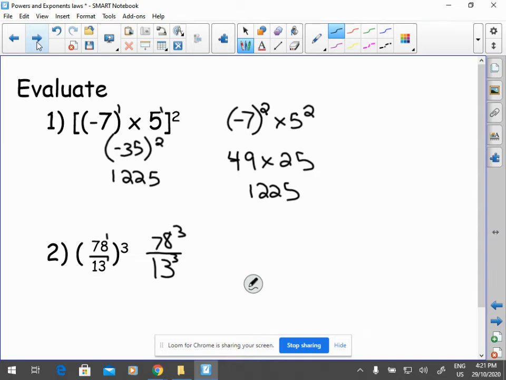And so 78 to the power of 3 gives me 474,552, divided by 13 to the power of 3, which is 2,197. So 78 to the power of 3 minus 13 to the power of 3 is going to give me 472,355. Okay, so this is the kind of work that we are expecting to see.